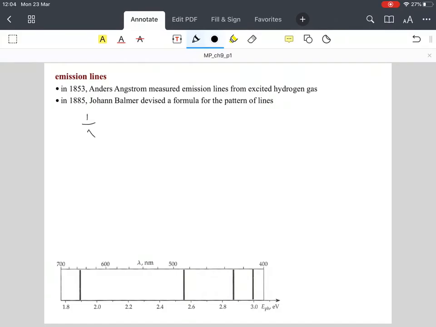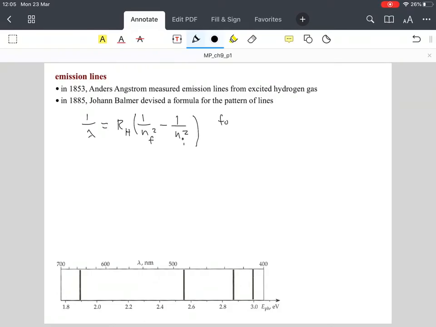And so if we look at 1 over the wavelength of an emission line, we set that equal to a constant, which became known as the Rydberg constant, because actually work done later by Johannes Rydberg came up with this value. And this is related to 1 over some integer value, we'll call this 1 over nf squared minus 1 over another integer squared, call it ni.